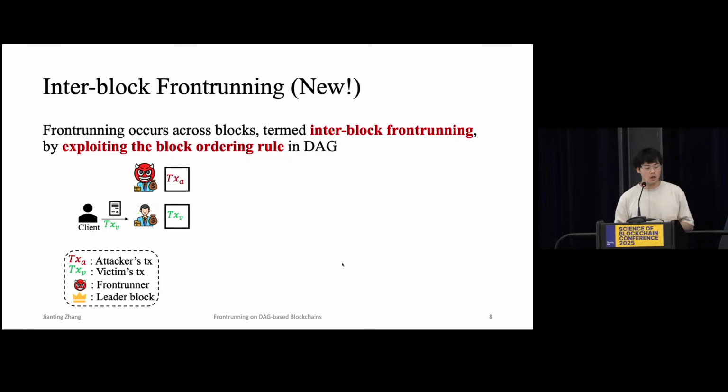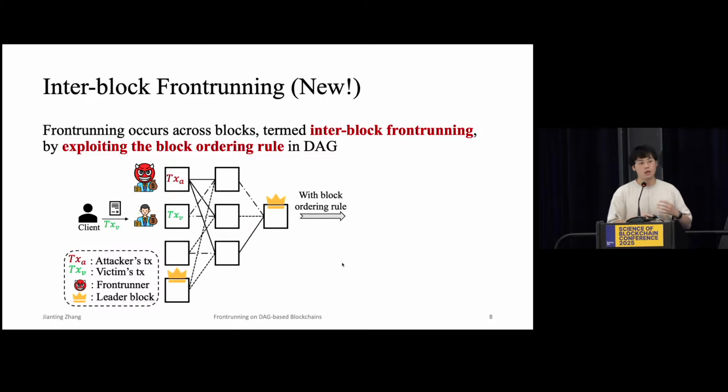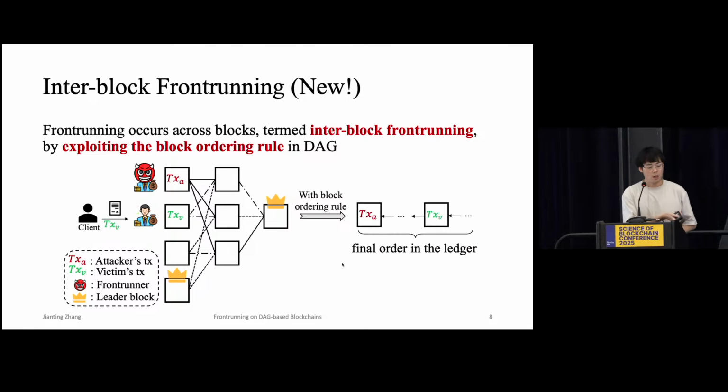After observing the victim transaction, it created what we call the attacker's block and then broadcast it to the network. By performing some strategies, which we will talk about shortly, the attacker can make sure its block will eventually be ordered before the block that contains the victim transaction. And eventually, the attacker's transaction will be executed before the victim transaction.